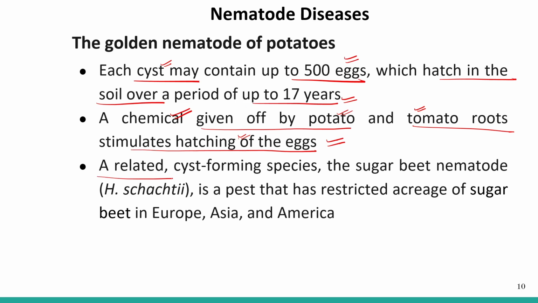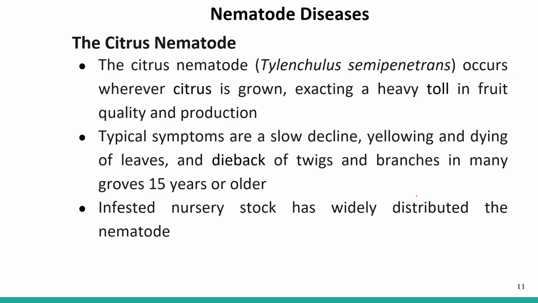And a related cyst-forming species, the sugar beet nematode, H. schachtii, is a pest that has restricted the acreage of sugar beet in Europe. So this again causes damage to the sugar beet, and the sugar quantity of the sugar beet gets reduced.